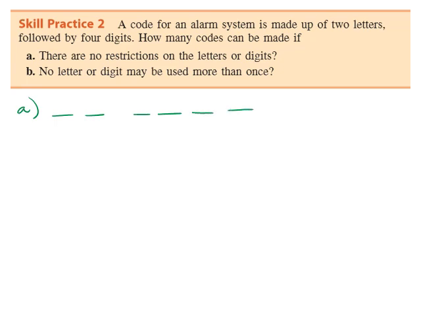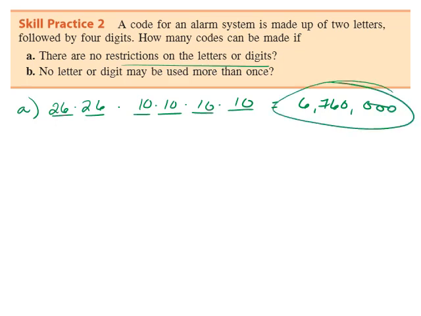And there are no restrictions on letters or digits in part A. So 26 choices for each of these and 10 choices for each of these, giving me 6,760,000 choices.